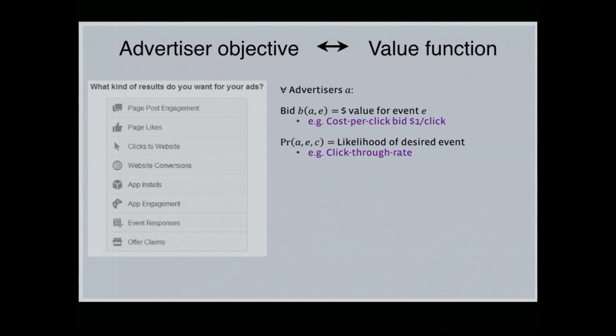So some underlying value for a given, say, impression. So there's essentially some bid for an event, some probability of a given event. And so the value function, again, is just this dot product of the vector of per event bids times these probabilities.